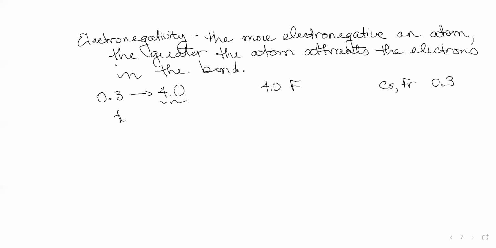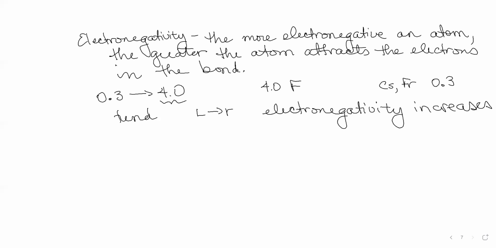The trend on your periodic table: if you go left to right, electronegativity increases. If you go down a column, electronegativity decreases.